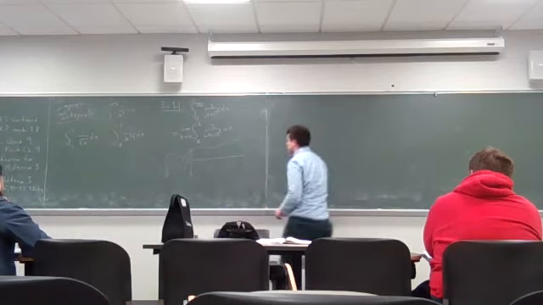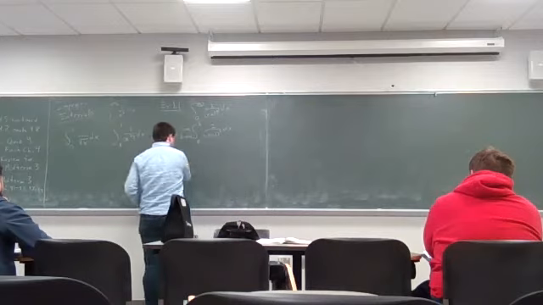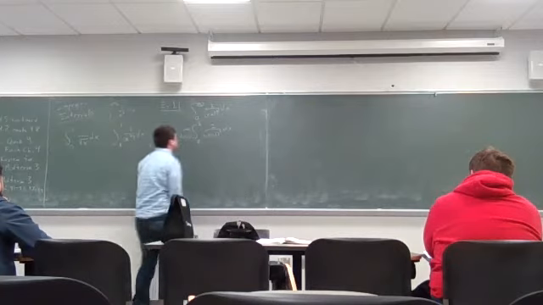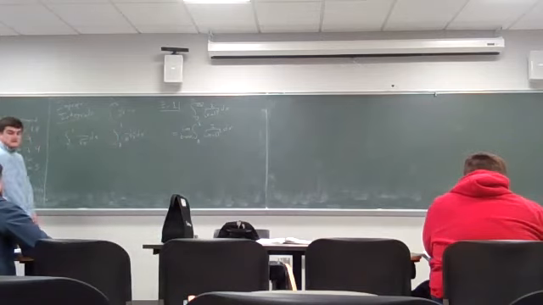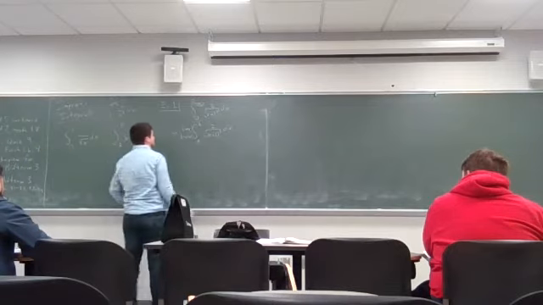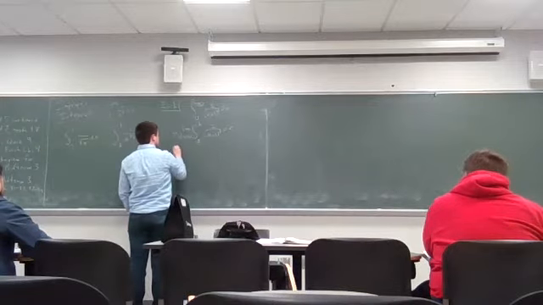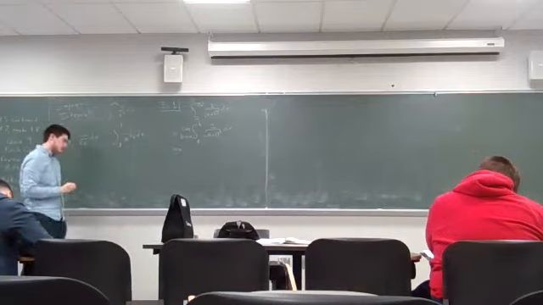Okay, so let's work this out. How do I evaluate this integral? Thoughts? We're going to use u-substitution. So what is u going to be in this case? x plus 1.